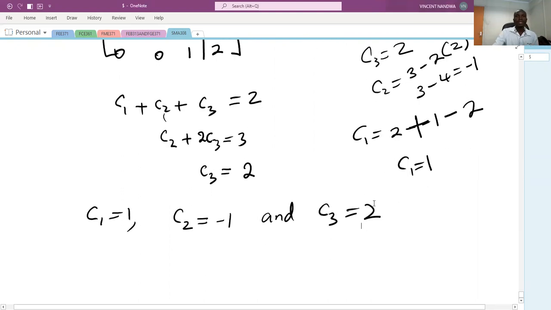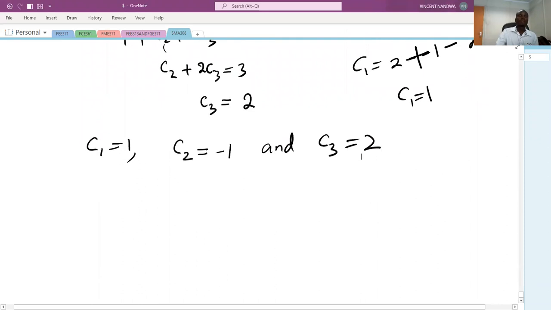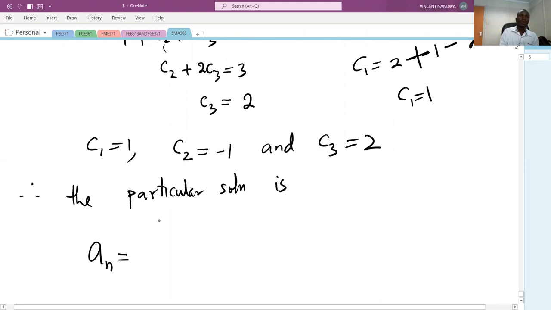So now we can write the particular solution to that given recurrence relation. So therefore, the particular solution is A_n equals C1, which is 1, times 1 raised power n, C2 is minus 1, so minus 1 times 2 raised power n, plus 2, which is C3, times 3 raised power n.